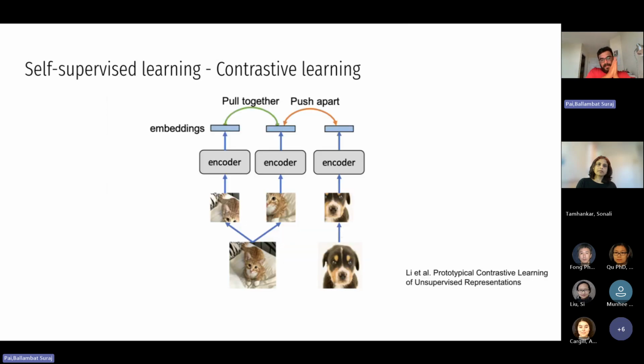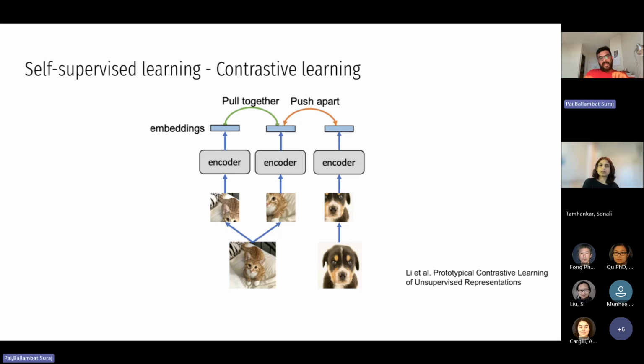Now, in practice, you don't actually look at two different instances, but you look at something called augmentations, or transformations, of the same instance. So here, if you look at this image of this cat, you break it down into different chunks. These chunks can also be differently sized. They can be a crop from some part of the corner, or they can be skewed as well.